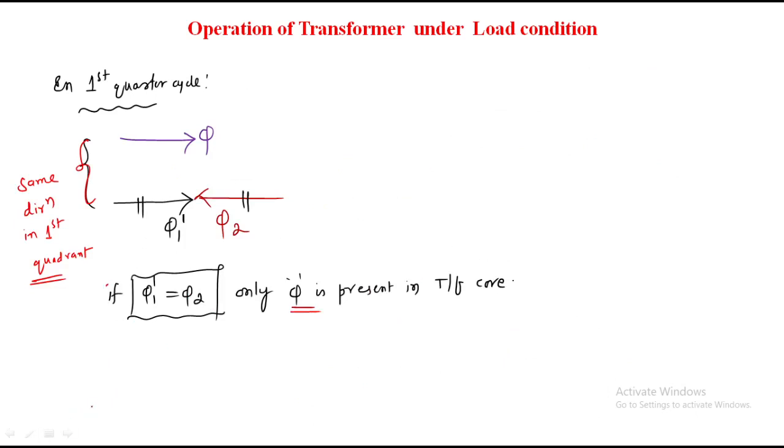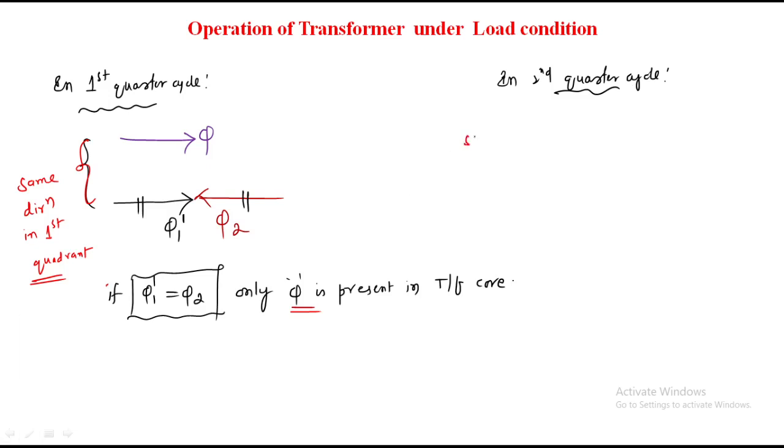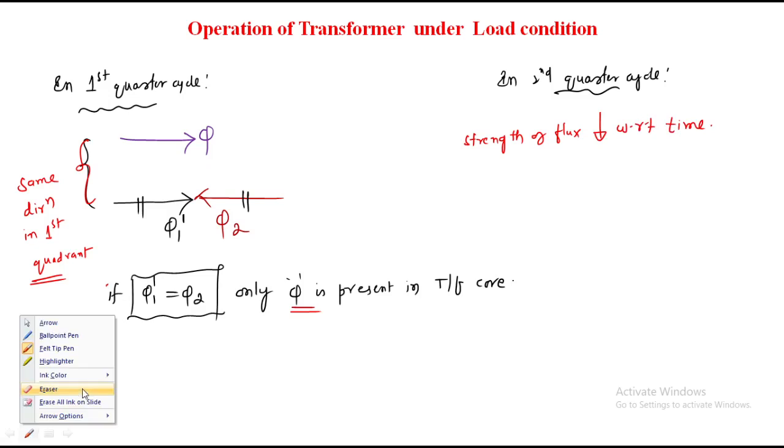So what about the operation in the second quarter cycle? Listen carefully. In the second quarter cycle, what will happen? The strength of flux decreases with respect to time, right?